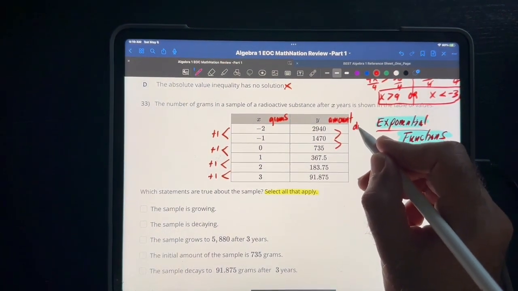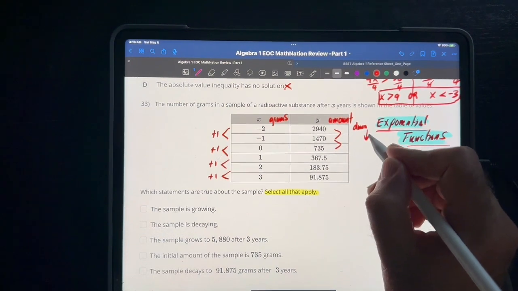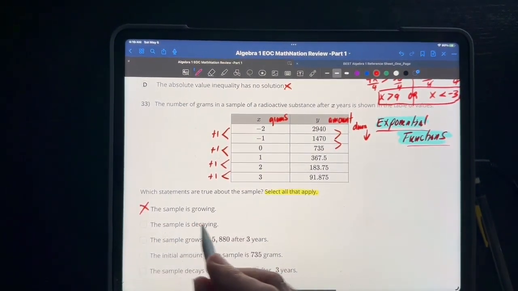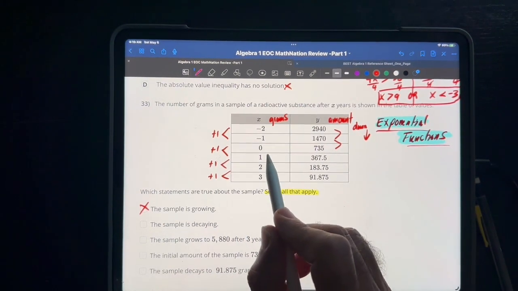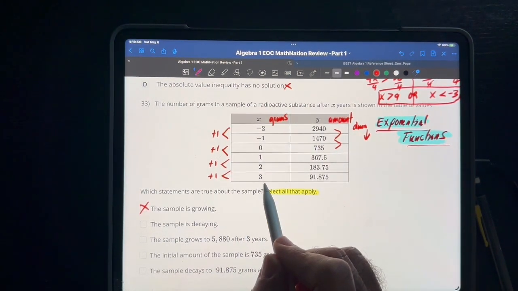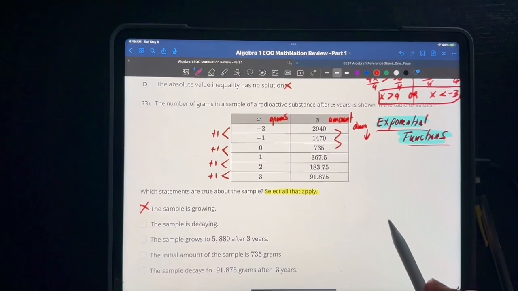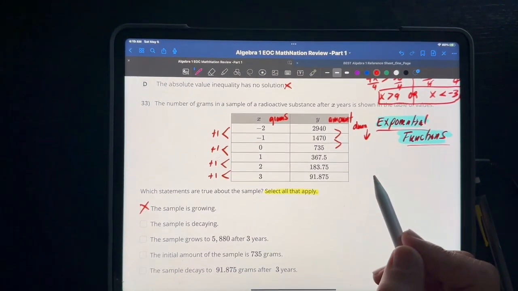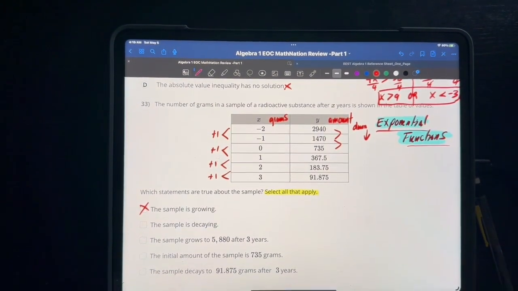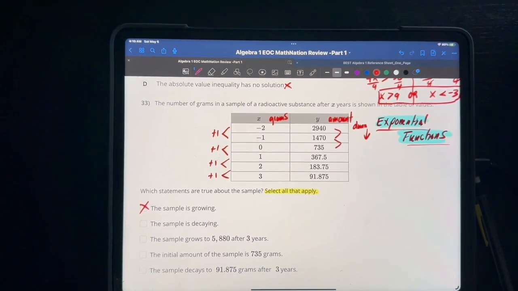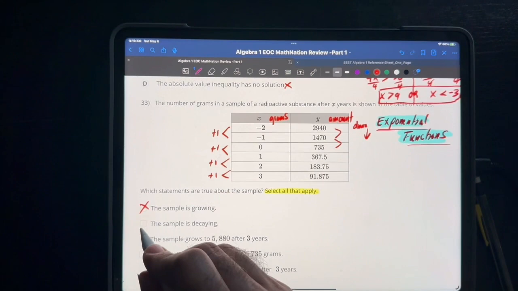If it's going down, obviously it's not growing. The sample is not growing. I started off with a certain amount, and as X goes up, this is going down. So this will be decaying. That answers this question.